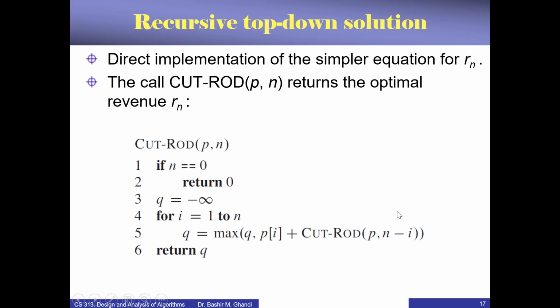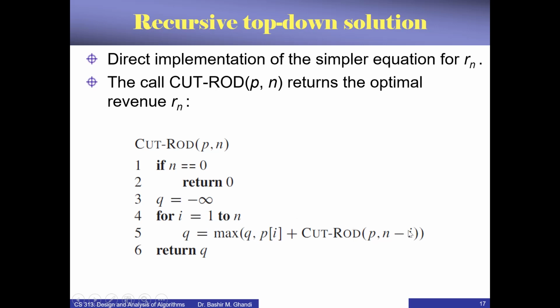Assuming the recursive call will give us a value, we add up and compare that result with the current value of q. Of course, initially the current value is minus infinity. Which one is bigger? So we assign the bigger one back to q, and then repeat the loop for the next value of i.